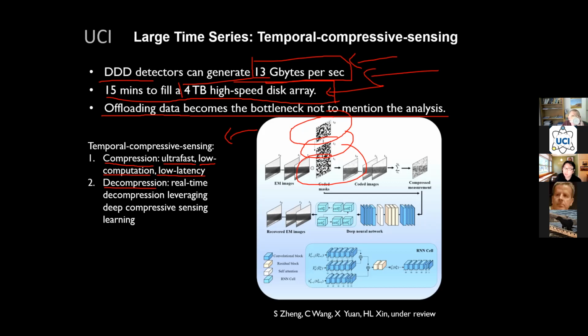Mathematically it is a so-called low-rank problem. So if you can find a transformation so that your data can be transformed into a low-rank form, then in principle, you can solve this inverse problem without losing any information.